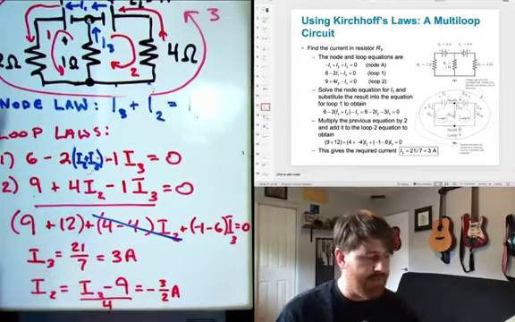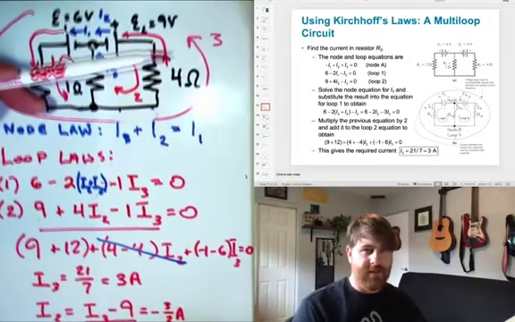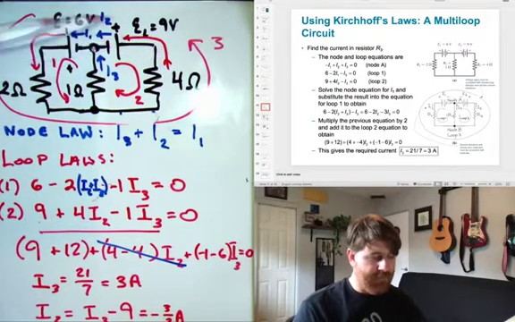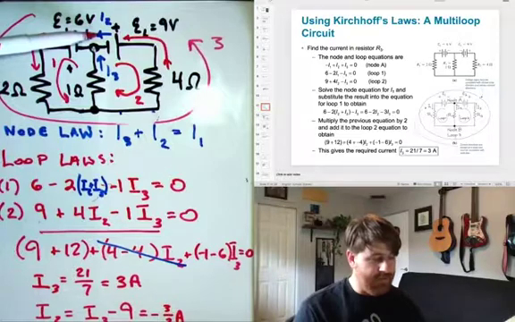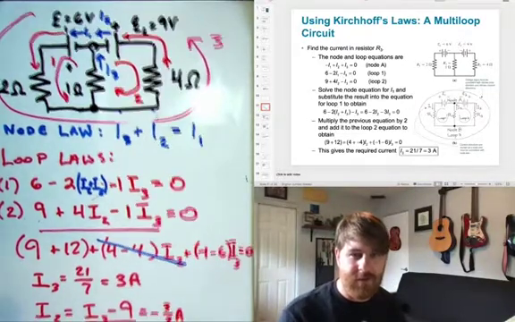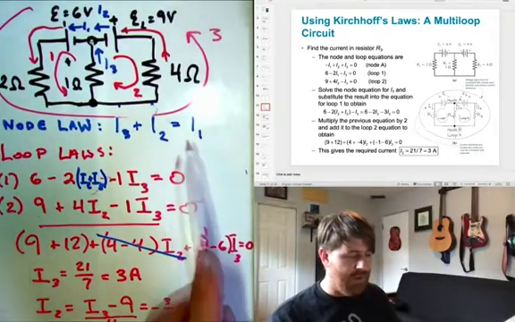That means that I was wrong. I2 should actually be going in this direction. It's okay though, because I followed all my rules correctly. I know that that is the correct value for I2. It just happens to be in the opposite direction of the arrow that I've drawn. Finally, I can solve for I1.